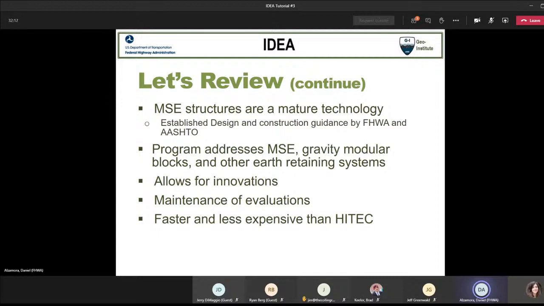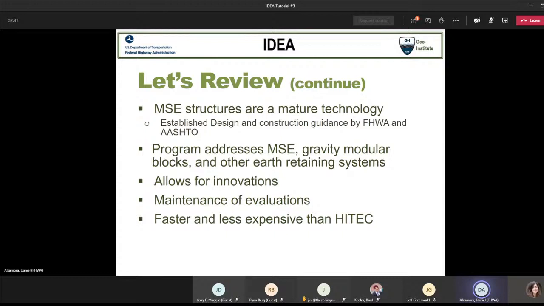We have a very difficult time in FHWA and state DOTs implementing new things that are coming up because it's difficult to know how they impact our designs and have that independent evaluation. So IDEA gives us that flexibility, and I'll talk a little bit more about that later on.